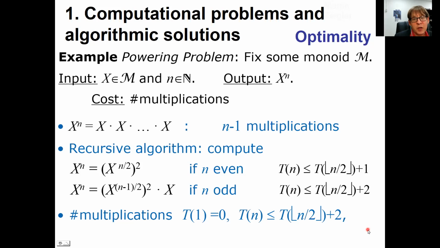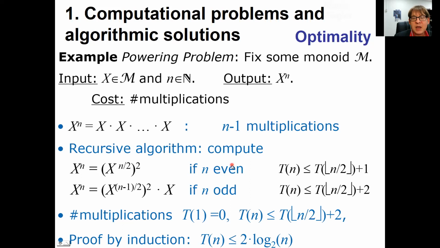So this is now a recurrence in the sense of discrete mathematics for the number of multiplications incurred, the cost of our algorithm, which is called repeated squaring because it performs mostly squaring and sometimes a multiplication.